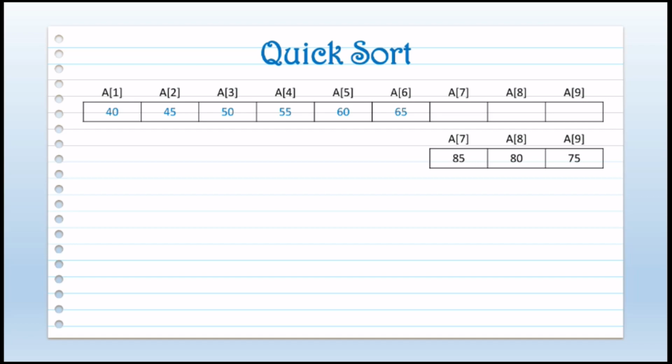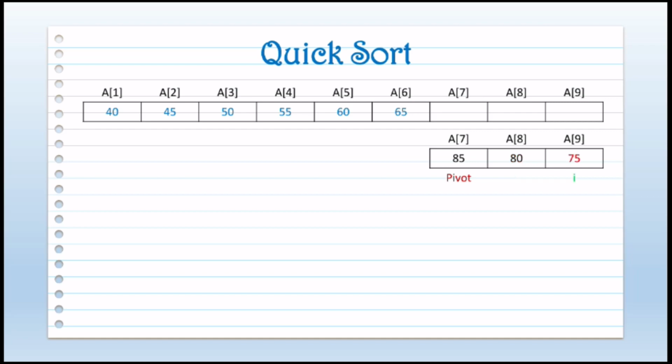Now we will apply the same rules for the second list which we separated at the starting. So we will consider 85, that is the first element, as pivot element and we will start comparing from the left hand side. So is 80 greater than 85? No, the condition is false. Go for the next element.